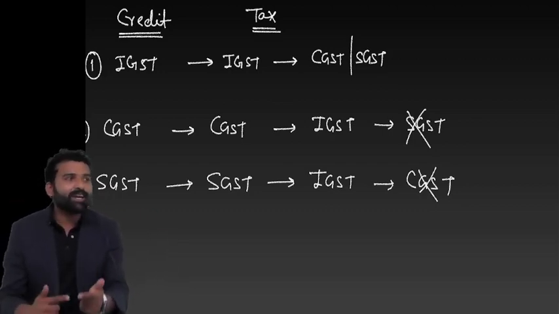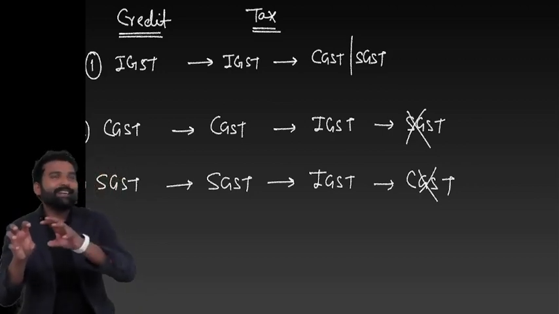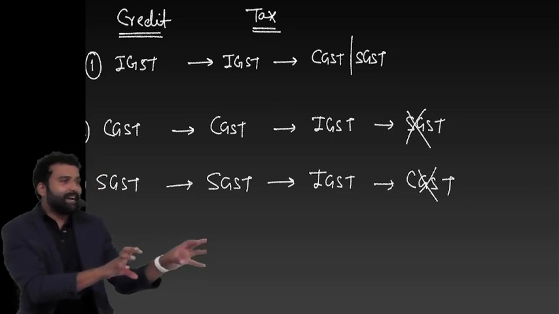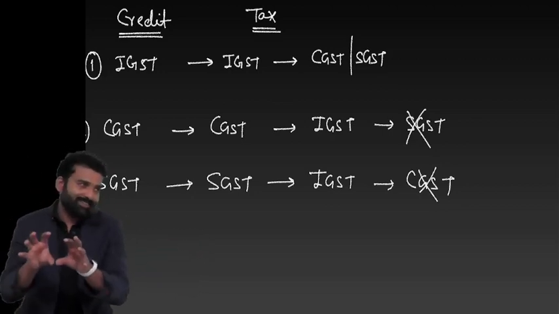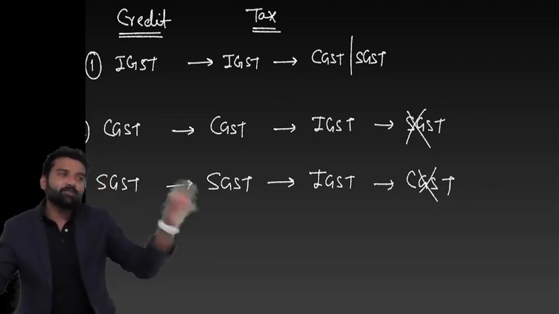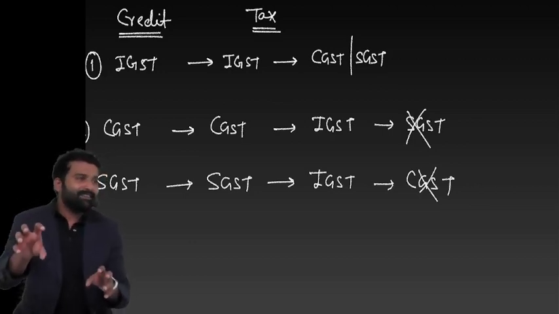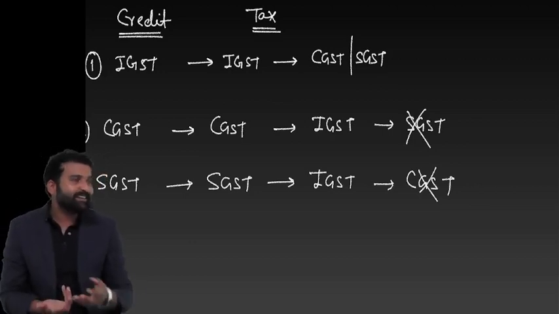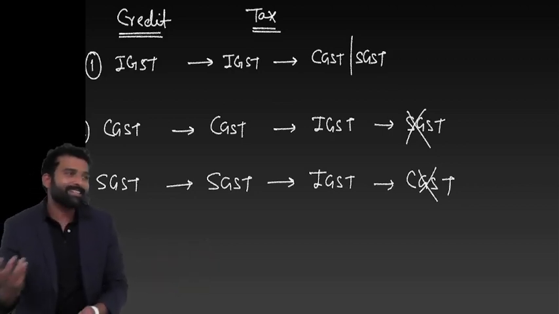Now you can correlate the relationship. IGST is Pati. It means he is the son as well as the husband. So he has to manage both himself, his mother, as well as his wife. So IGST is a tax which can be adjusted with himself, that is IGST, with his mother, that is CGST, and with his wife, that is SGST.